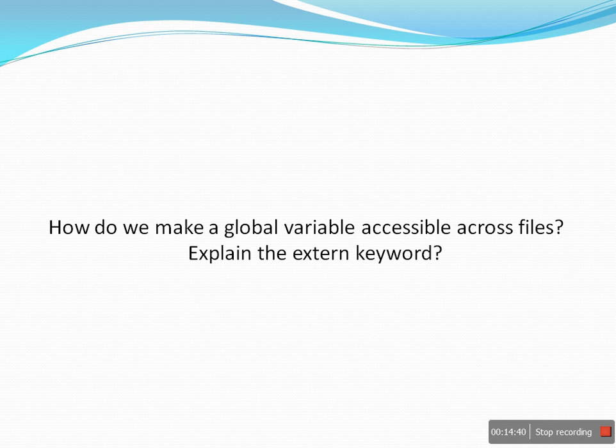Fine. Now we have some other questions. How do we make a global variable accessible across files? Explain the extern keyword. So we are taking one example for this question. So what is an extern variable? Variable initialization should not be done with extern.